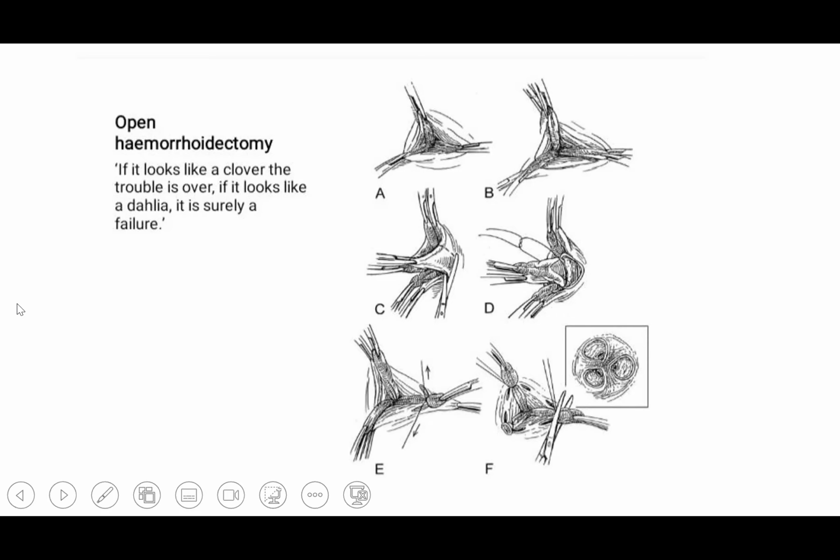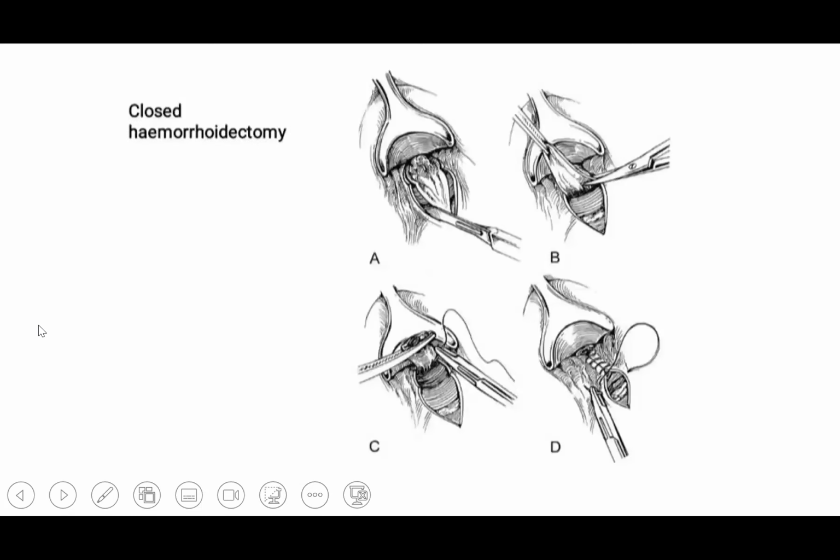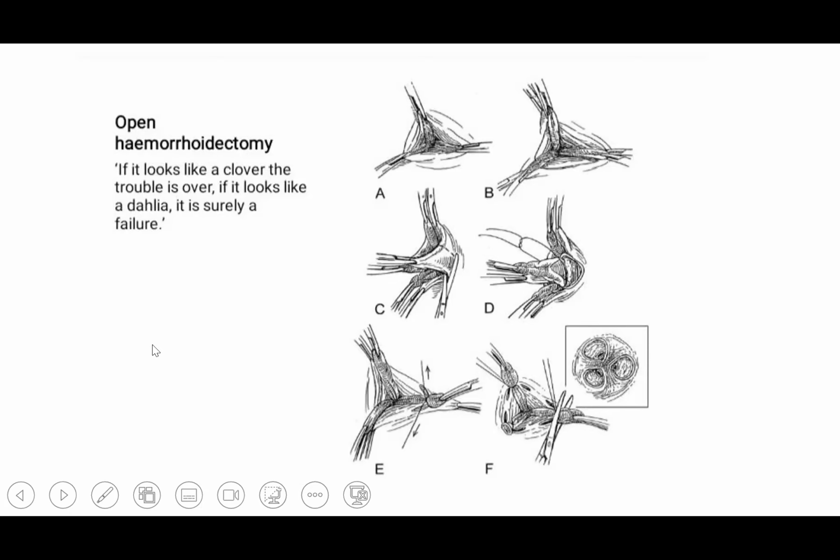So these are diagrams showing the open, and the next diagram also shows the closed hemorrhoidectomy. The difference is that for the open hemorrhoidectomy, after the hemorrhoids are excised, the wound is left open, but in the closed hemorrhoidectomy, it's sutured.